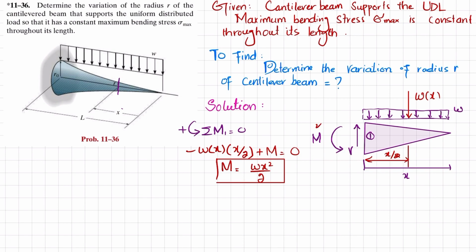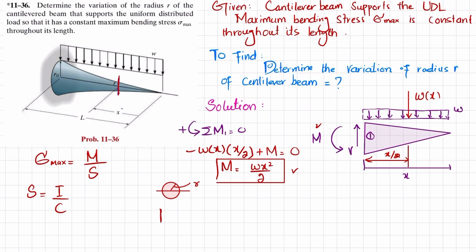Now we know that maximum stress is equal to moment divided by section modulus. So you have the moment, but you do not have the section modulus. Section modulus is equal to I divided by C. If you cut the beam over here, definitely you will have a radius which is represented as R, and this is your neutral axis.